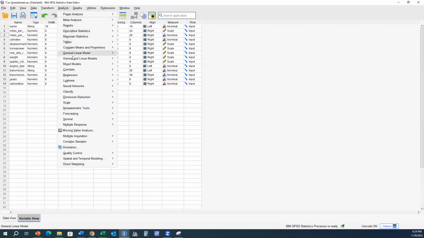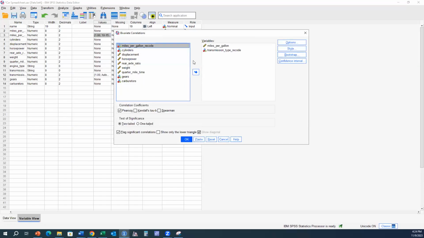So for a Spearman correlation, we'll go to correlate, bivariate. And instead of the original mileage, I'm going to put in recoded mileage, 1 through 4, and weight again. Then just make sure that you uncheck Pearson correlation and check mark Spearman instead.